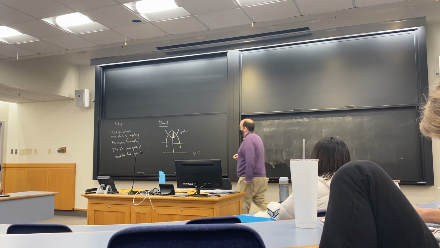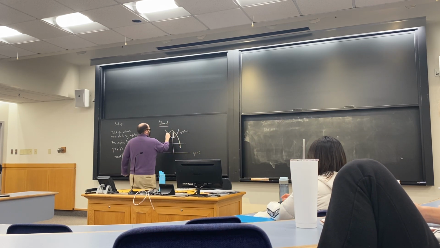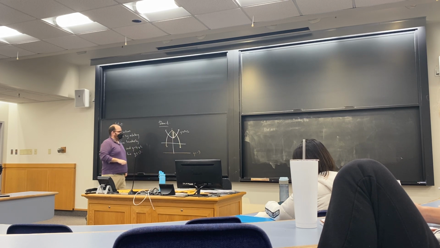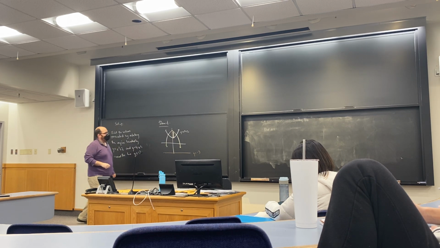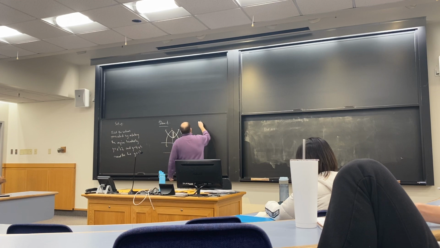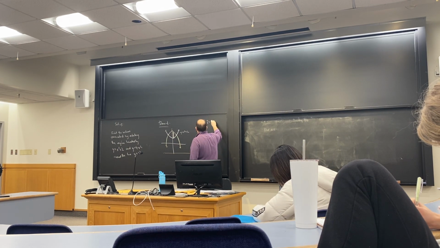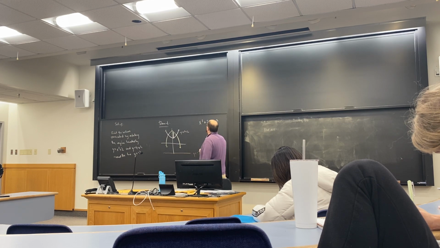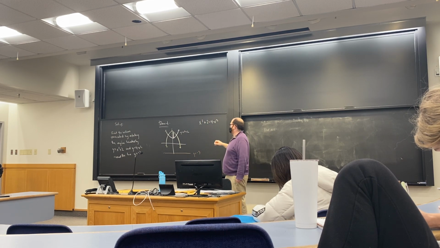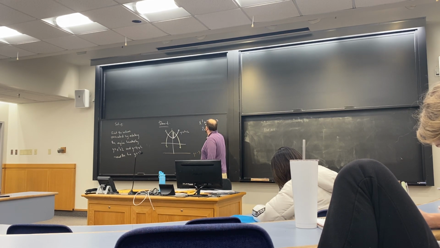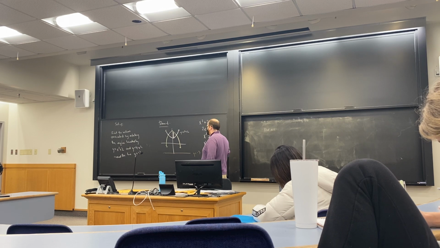Yep, so I need to find this point and that point. And how do we do that? We set them equal to each other. So I get x squared plus 2 equals 4 minus x squared. Right? So I get 2x squared equals 2, x squared equals 1, x is plus or minus 1.